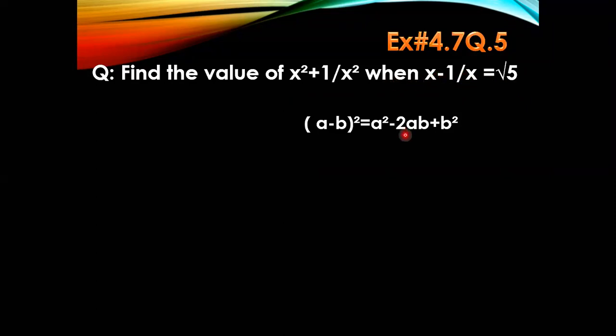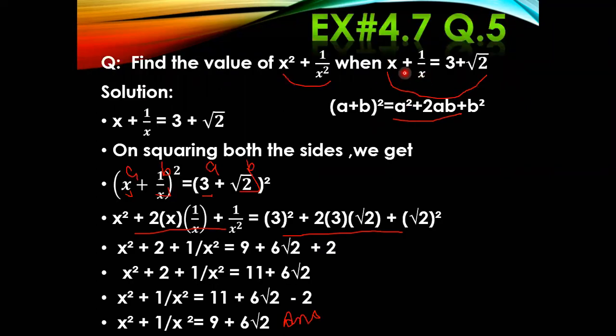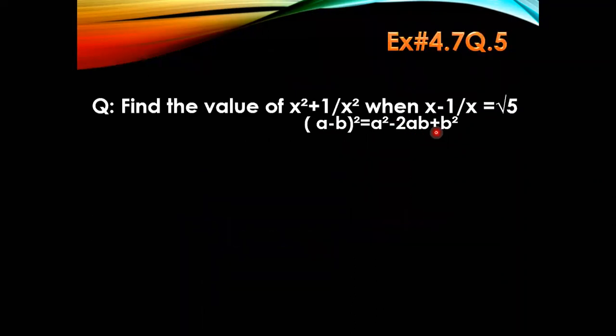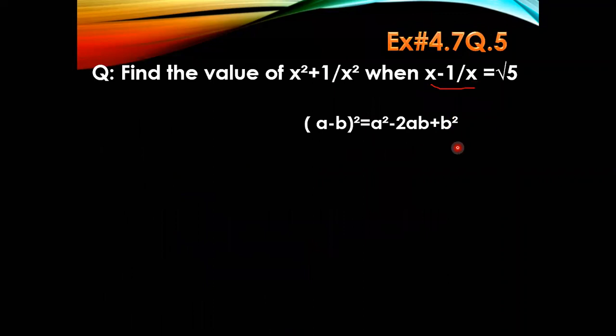Now, in the previous question, as you can see, you had x plus 1 upon x. And in this question, you have x minus 1 upon x, and it is equal to under root 5. Again you have to find out x square plus 1 upon x square.